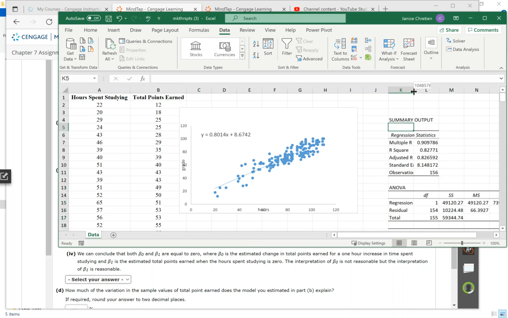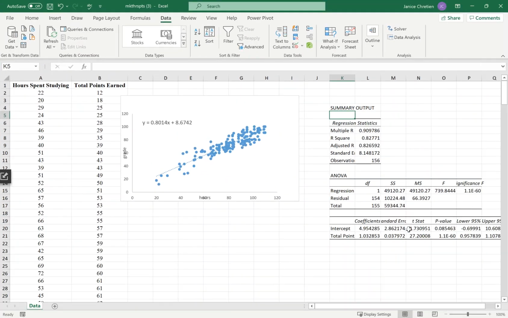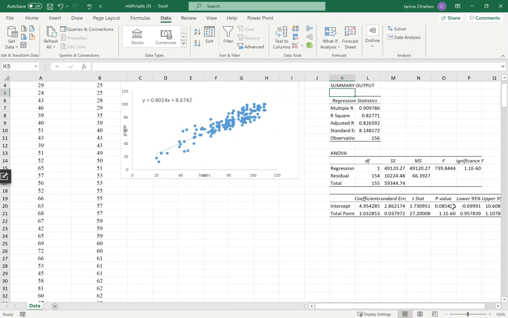So let me spread these out so I can see what they say. Okay. So it wants to know if it's significant at a 0.01. So I'm going to look at my p-value.